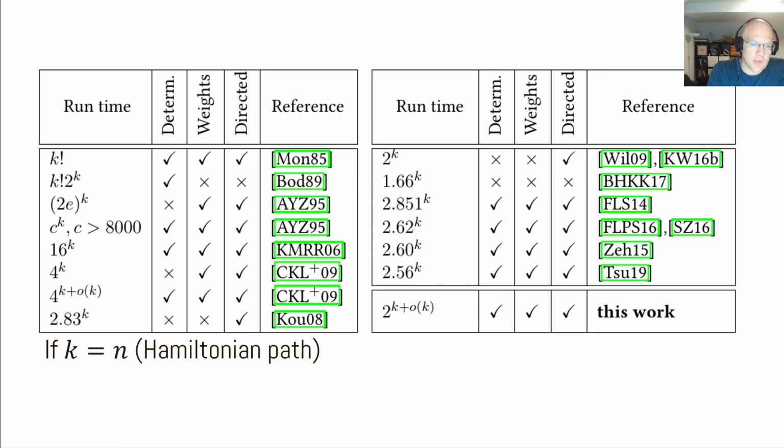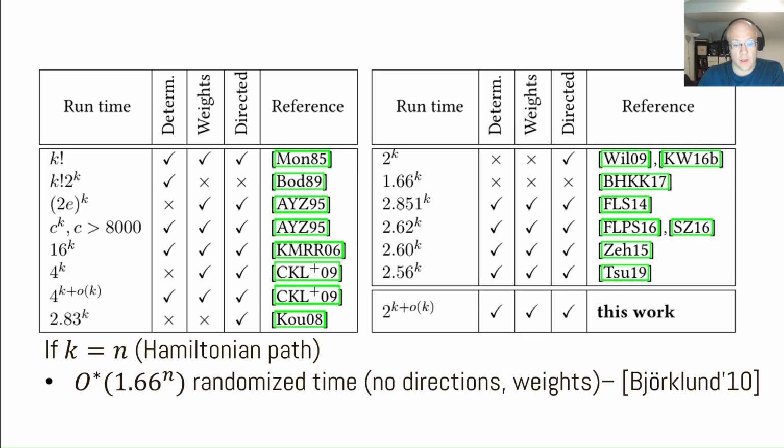One thing to note is that this problem is also interesting when k is equal to n, because then it's the Hamiltonian path problem. And getting faster than this 2 to the k while staying deterministic or extending to the weighted case or the directed case, these are actually all quite interesting open problems.